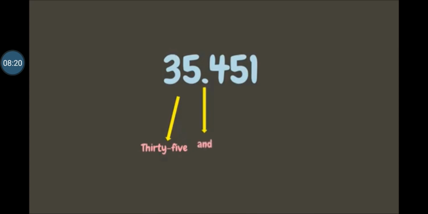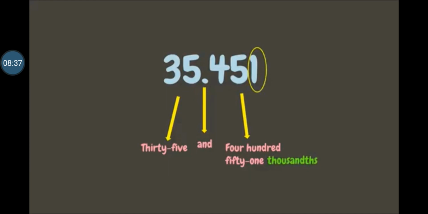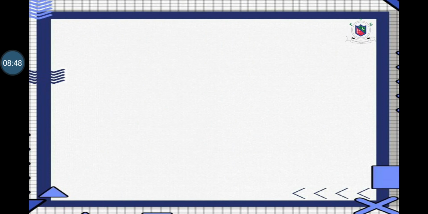The decimal point is read as "and", and the decimal part we read as 451. As the decimal part has 3 place values up to thousands, we have to read it as 451 thousandths. I hope, my dear students, you have learned about decimals.